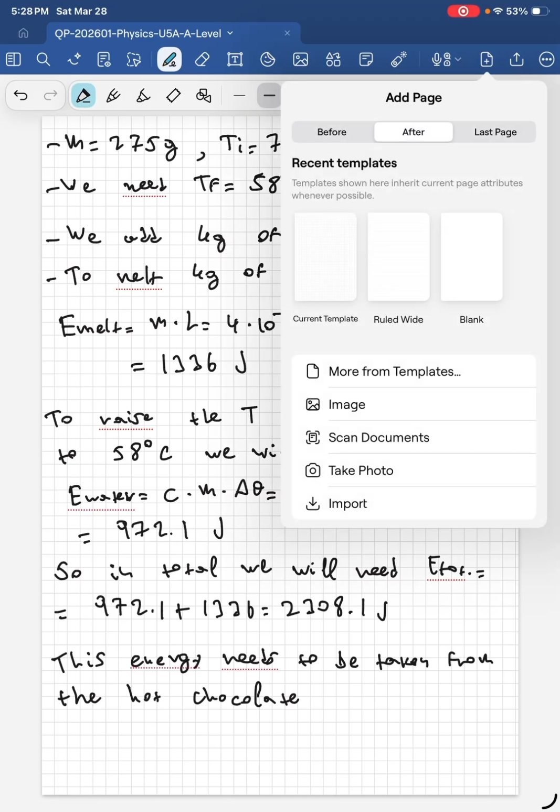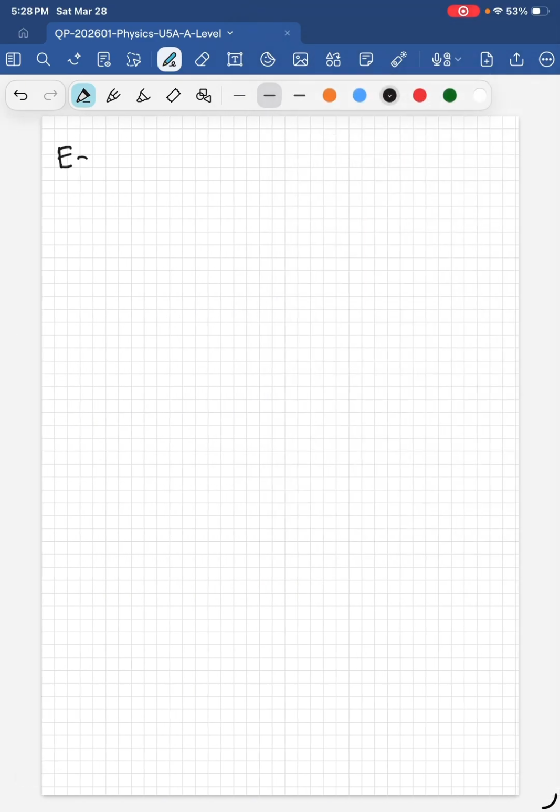Okay, so let's see. If we apply C times M times delta theta to the hot chocolate now, C is 3,750. The mass is now 0.20275 kilograms. And then the initial temperature is 71.5. By adding this ice, we will go down to some final temperature.